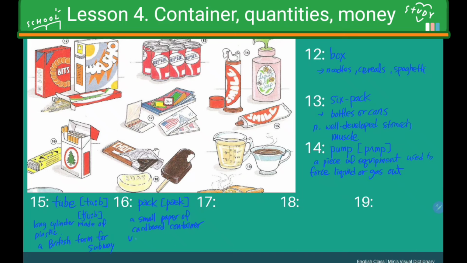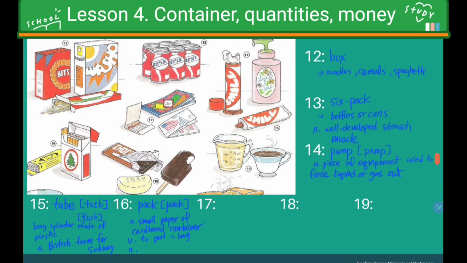And we also use it as a verb to put something in a bag. So you can say, pack your luggage, pack your school bag. And as a noun, this also has the meaning of a group of people.